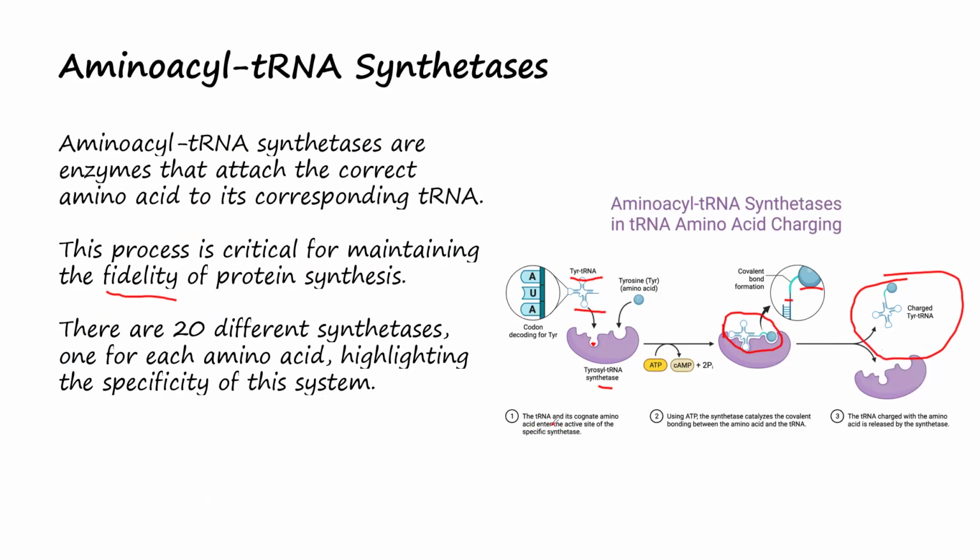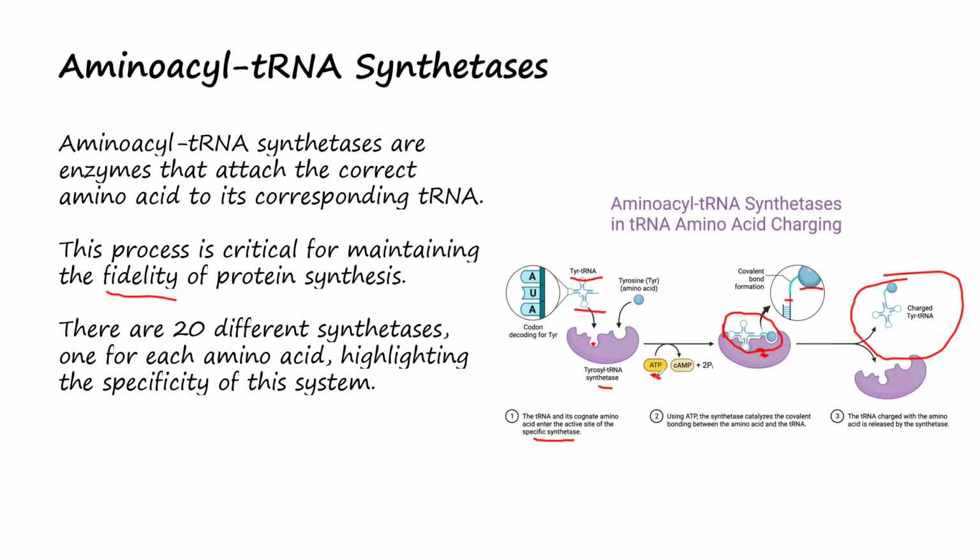So you see the transfer RNA and its cognate amino acid enter the active site of the specific synthetase. So you see they now enter the active site here. After they enter the active site, the next thing is using ATP. The synthetase catalyzes the covalent bonding between the amino acid and the transfer RNA. For this reaction to take place, the covalent bond formation between the amino acid and the transfer RNA consumes ATP.